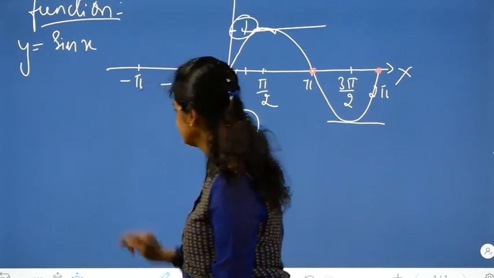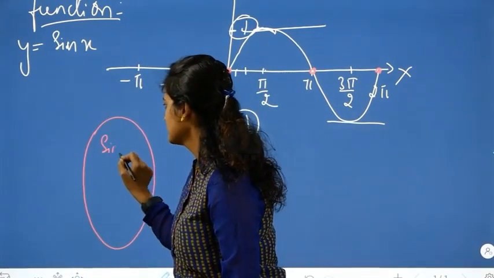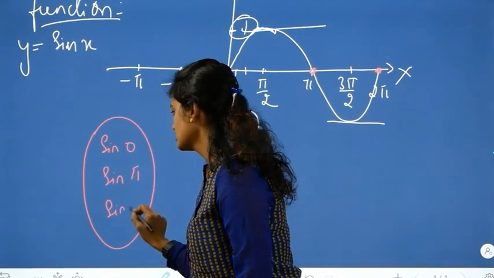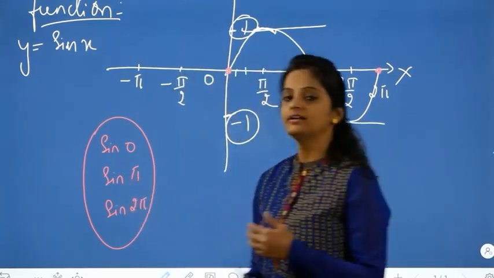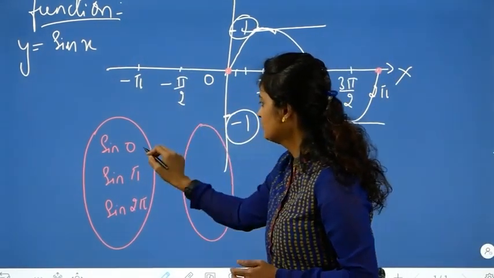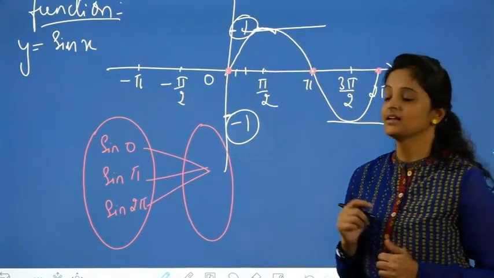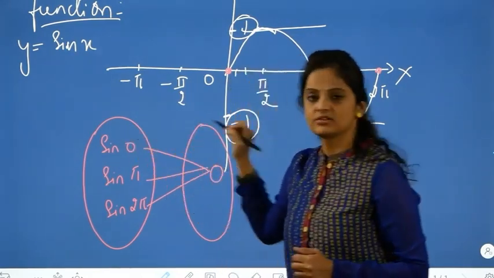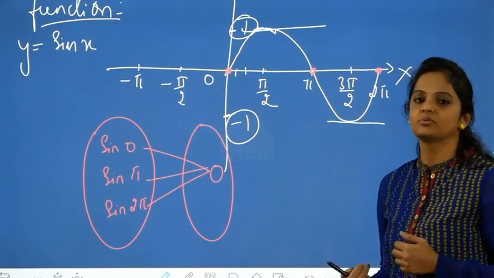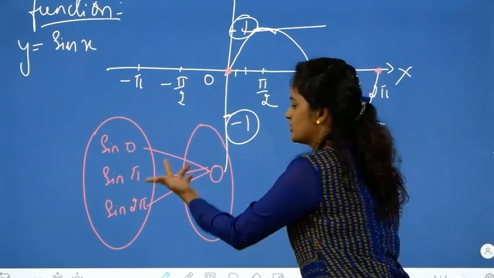If I take function sine 0, sine pi, sine 2 pi and all multiples of pi if you take, all that value will go to one value, which is that 0. Sine 0, 0, sine pi 0, sine 2 pi 0, 3 pi, 4 pi and multiples of pi will also give you 0.